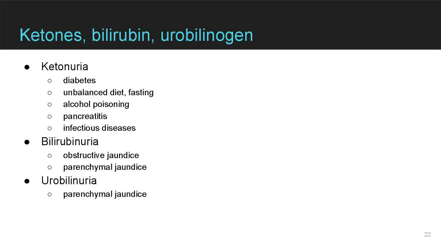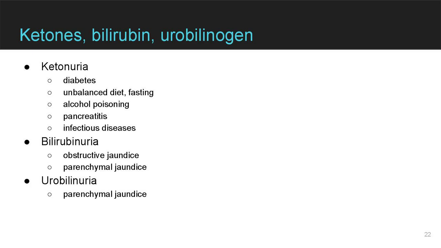The first is obstructive jaundice. That means that bile cannot be transported from liver into small intestine. The second is parenchymal jaundice. That means that in case of damage of liver cells, some amount of bile can be transported from bile capillaries into blood.